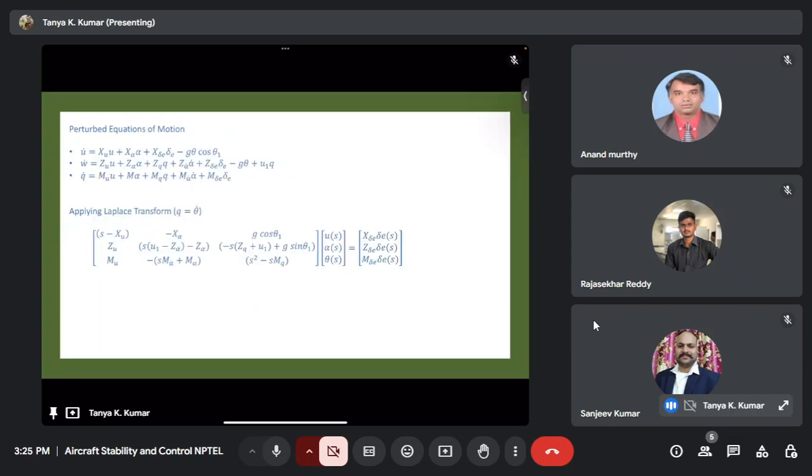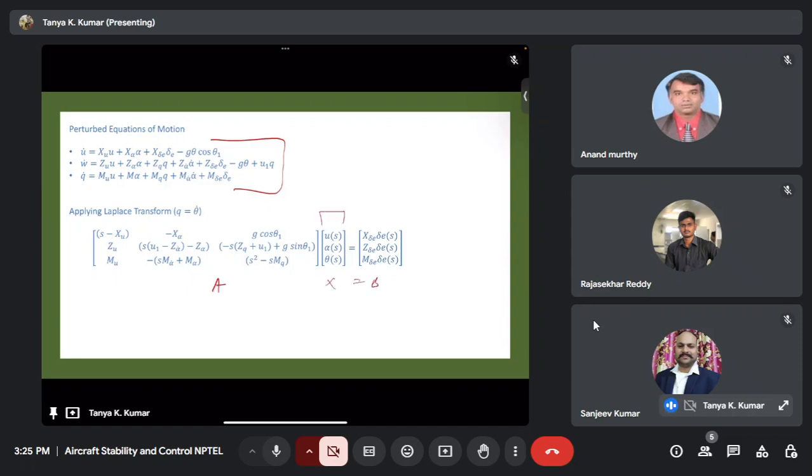Now you put all of these three equations in a compact form together in the matrix form. Okay, so all of these were the three equations that we just saw. Now putting it in a matrix form and applying Laplace transform on it gives you this representation to assess the stability. So this is in the form of Ax equals B, right?